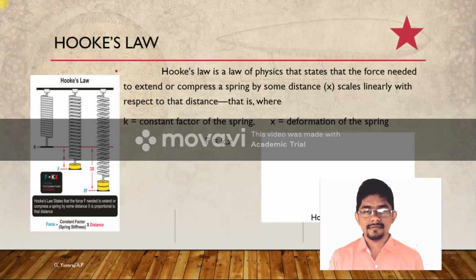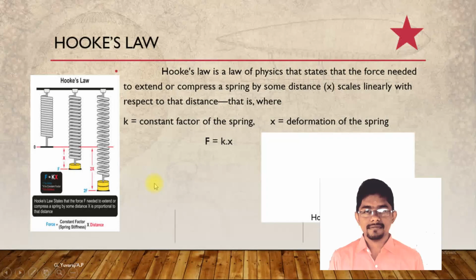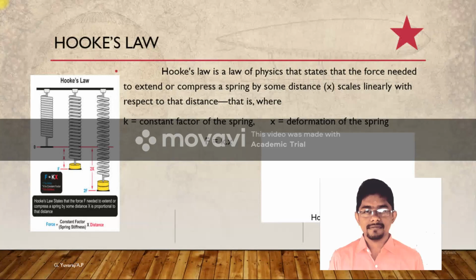Since I already told you, vibration is based upon Hooke's law. Generally, Hooke's law says that if you give any external force to an elastic member, or if you take the example of a spring, the spring gets either tensed or compressed due to the force.